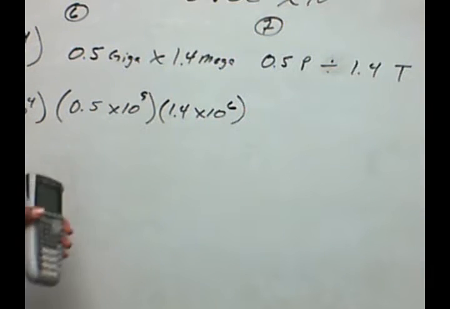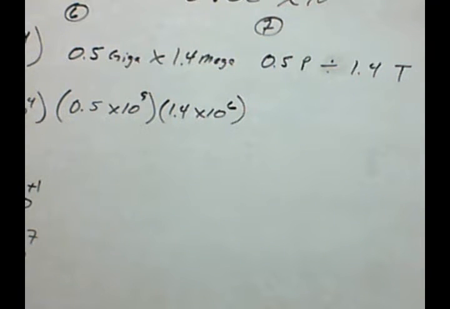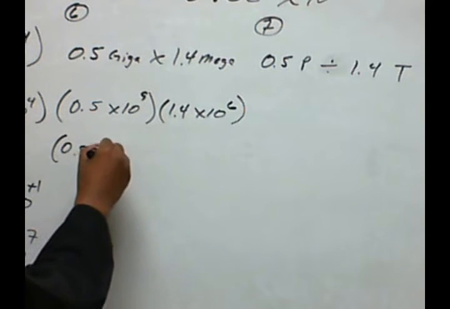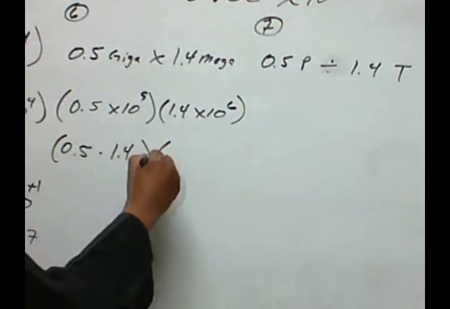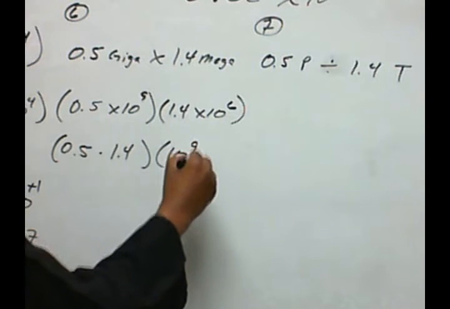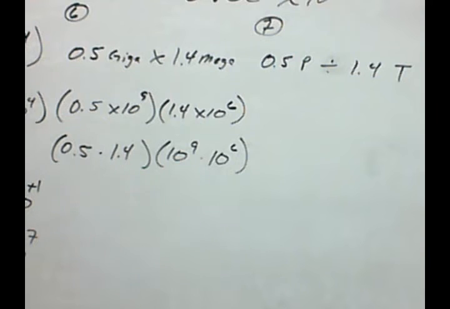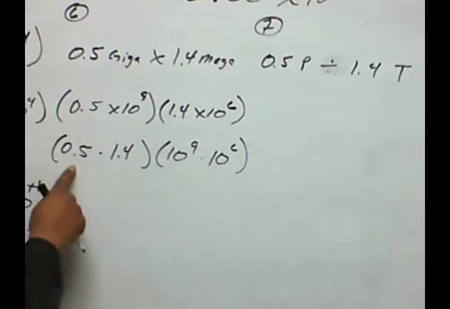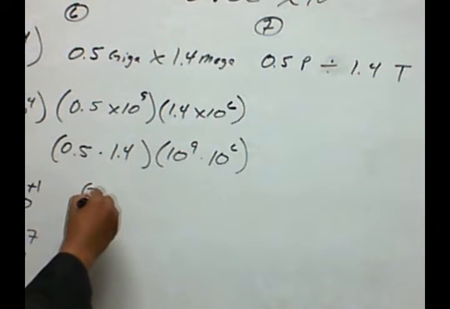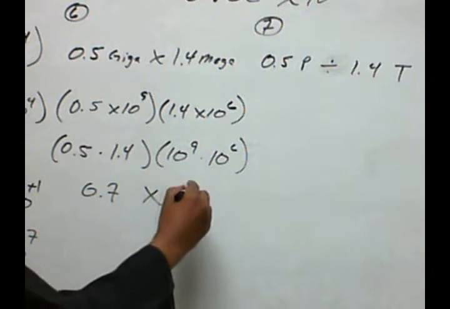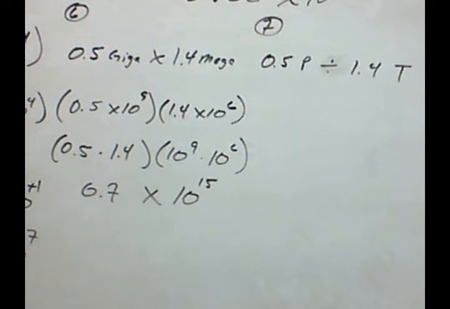Again, I'm going to rearrange these. I'm going to take the 0.5, multiply that times the 1.4, and put the 10 to the 9th power times the 10 to the 6th power. Put those together. And when I multiply this, I'm going to get 0.7. And when I multiply these, I'm going to get times 10 to the 15th power.